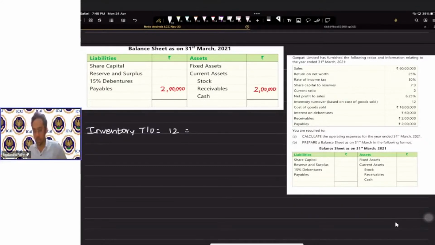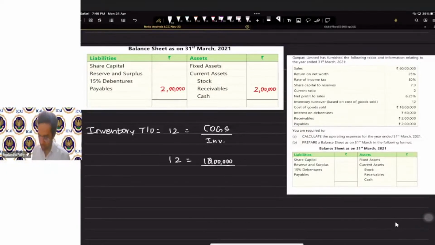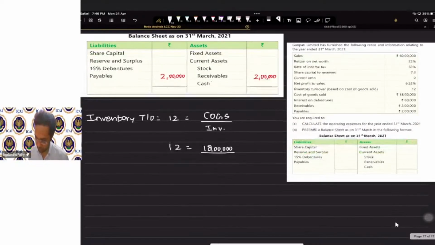So when you're looking at COGS, we actually need to take the average inventory. But the thing is, we don't have average inventory in our books. We have just the closing inventory. So we'll take the normal inventory, which is: 12 equals COGS, 18 lakhs, divided by inventory.